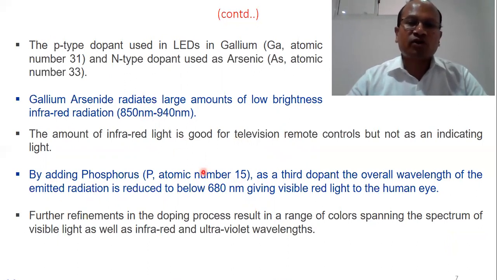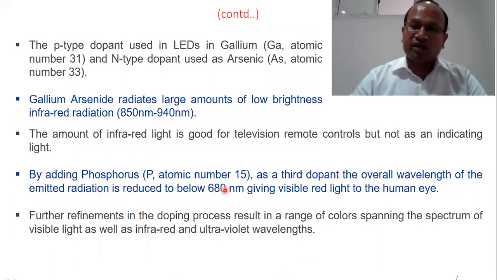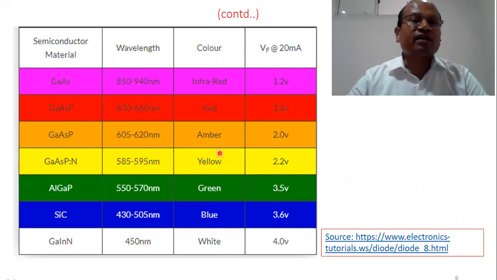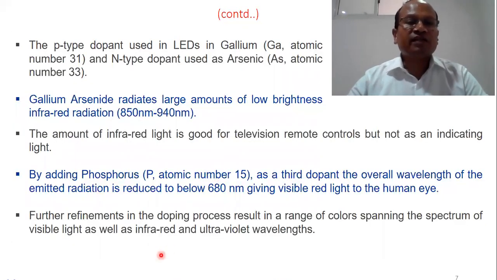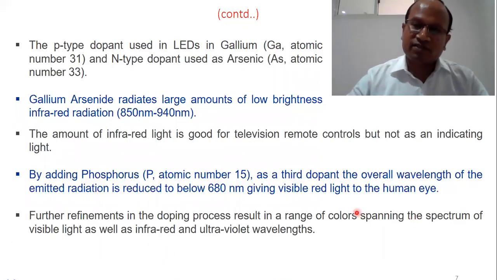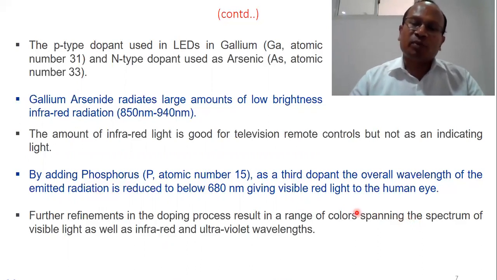By adding phosphorus as a third dopant, the overall wavelength is reduced to below 680, giving visible light. You see here, where is the red color? See here, the phosphorus is added. In red and amber, the phosphorus is added. Even in this green color also, phosphorus is added. Further refinement of the doping process is possible.